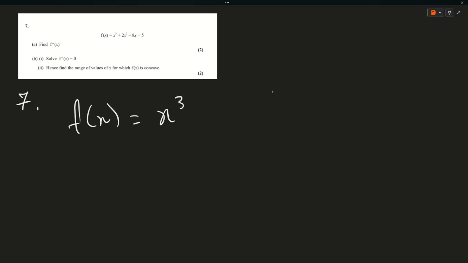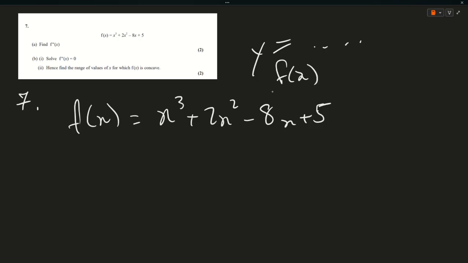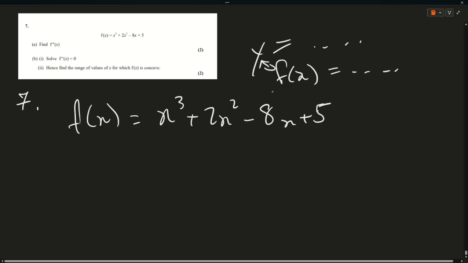Questions very well could be written out like this, and you just need to prepare yourself for what this means. It's exactly the same concept and principles. The only difference is that instead of y equals something, we're just given the function. So you can think of y and f of x being interchangeable, essentially. It really doesn't matter.